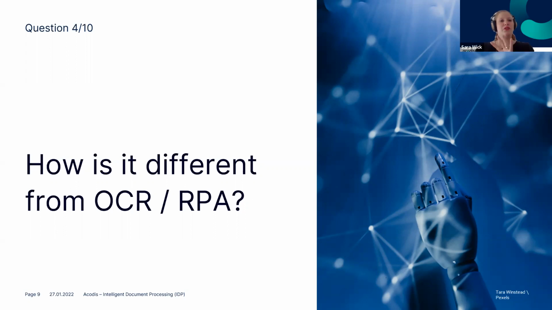So those are the main differences between IDP and OCR and RPA. OCR is a good starting point because we need to see the letters on the page in order to be able to extract them. And RPA can be a great tool to then integrate whatever information we extracted into the next system where it needs to be processed further.